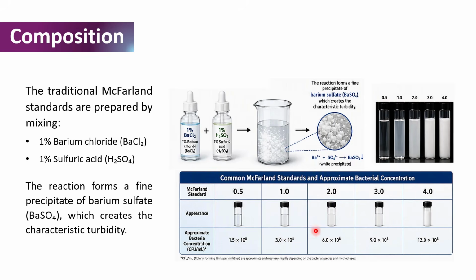For the 2.0, we have 6.0 times 10^8. For the 3.0, we have 9.0 times 10^8. And for the 4.0 McFarland standard, the approximate bacterial concentration is 12.0 times 10^8 CFU per ml. And again, what you have to note is that in antibiotic susceptibility testing, we use the 0.5 McFarland standard, with its approximate bacterial concentration of 1.5 times 10^8 CFU per ml.